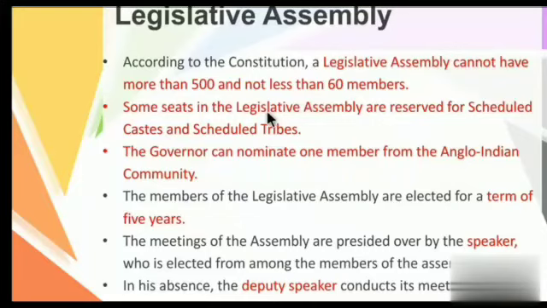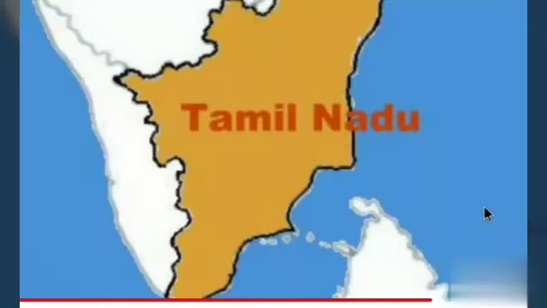The members of the Legislative Assembly are elected for a term of 5 years, only 5 years. The meetings of the assembly are presided over by the speaker, who is elected from among the members of the assembly.